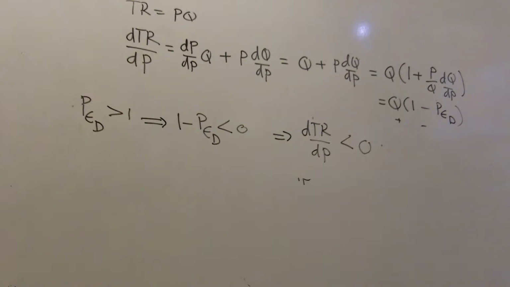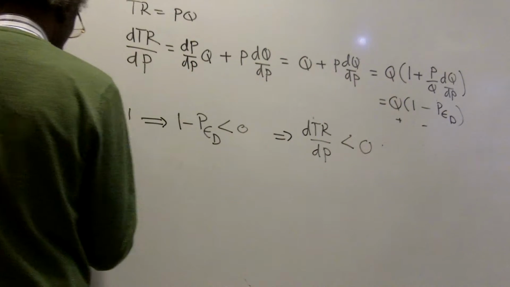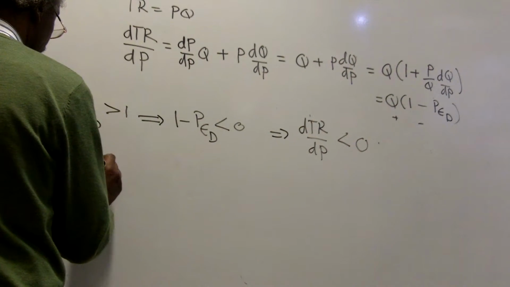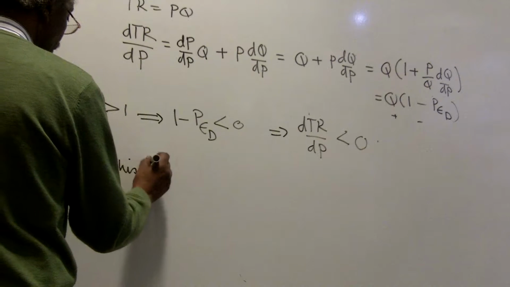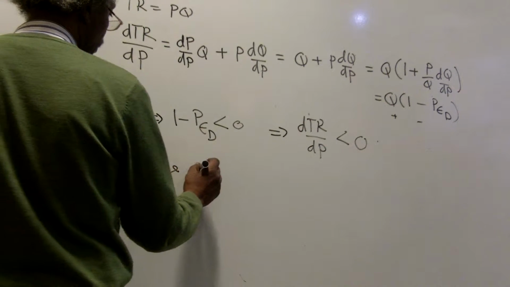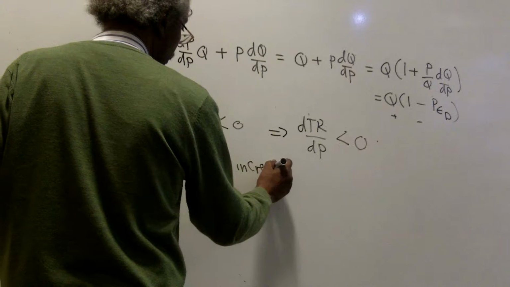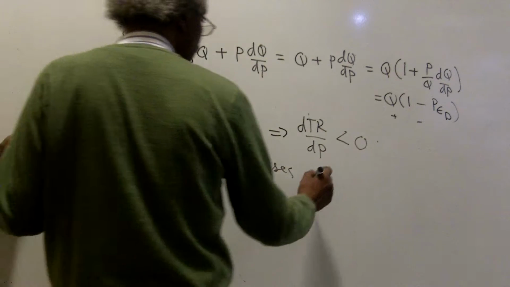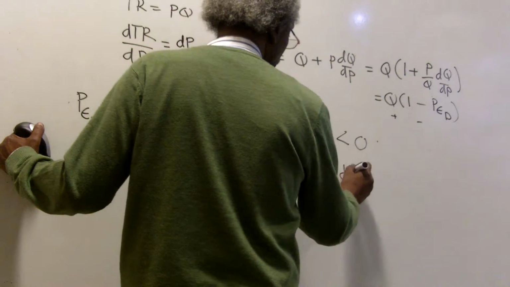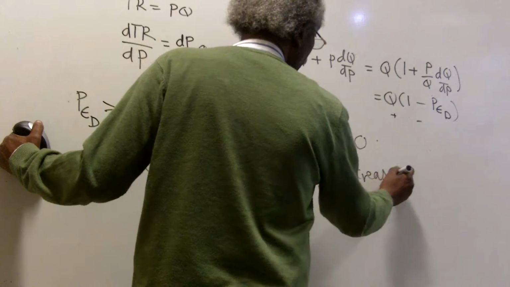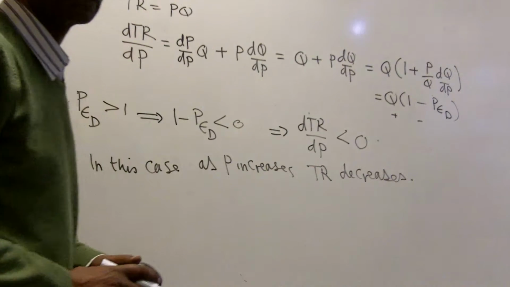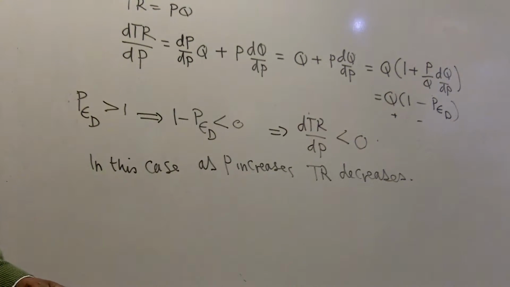That's what that says. Okay? So therefore TR decreases. So in the case of elastic prices, increase price, total revenue decreases. Okay?